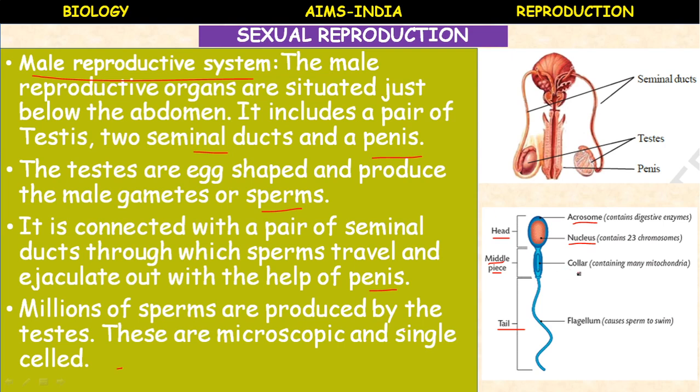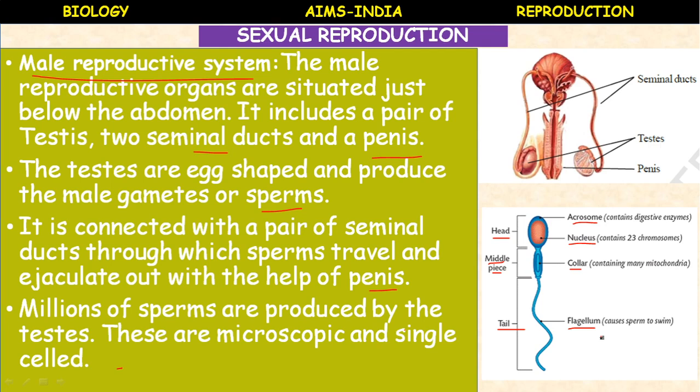The neck, or middle piece, is also called the collar, containing many mitochondria, because a lot of energy is required for movement of the sperm, which is produced by the mitochondria. And it possesses a flagellum or tail. This causes the sperm to swim.